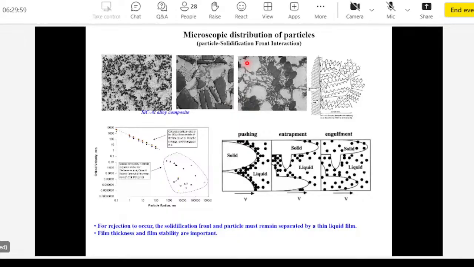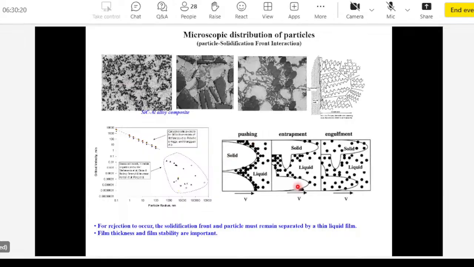And that makes it a little challenging because the uniform distribution of particles becomes difficult. One way to handle that is to rapidly quench your slurry so that the grain structure is extremely fine, which means the particles will be relatively more uniformly distributed.